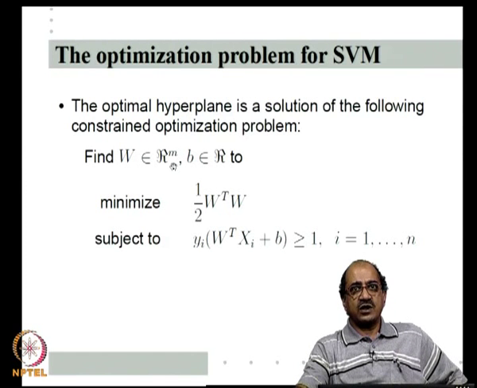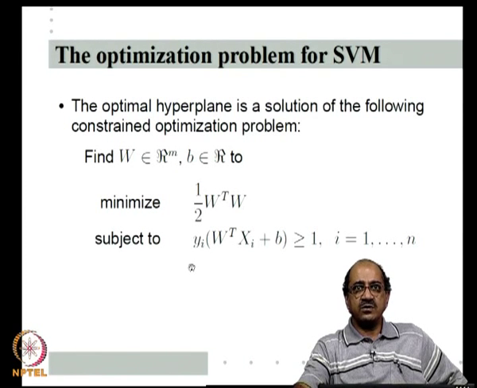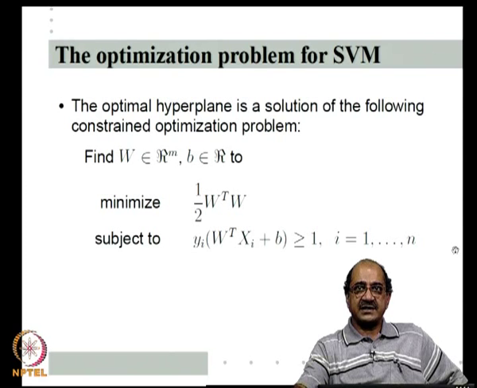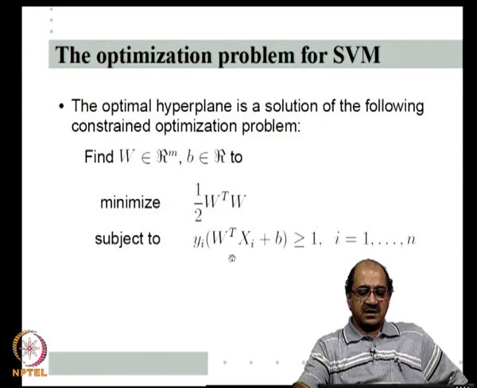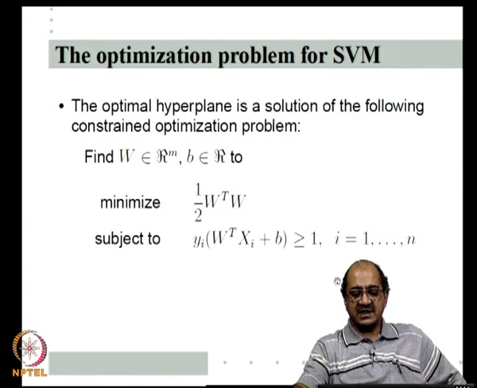So, W is also in R^m, b in R. So, you want to minimize half of W transpose W subject to yi times (W transpose xi plus b) greater than or equal to 1. xi, yi are the examples, there are n examples, and for a given W, b, if (W transpose xi plus b) times yi is greater than 1, which means if yi is plus 1, W transpose xi plus b is greater than 1, if yi is minus 1, W transpose xi plus b is less than minus 1. So, these are the separability constraints.